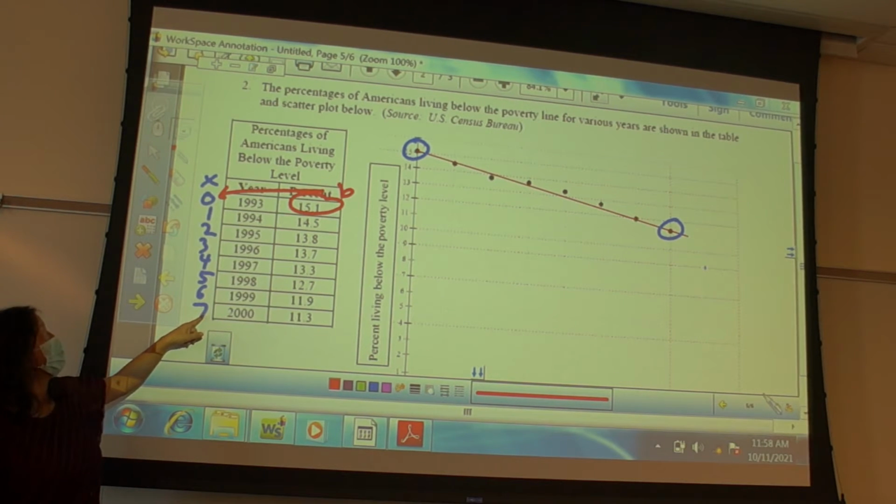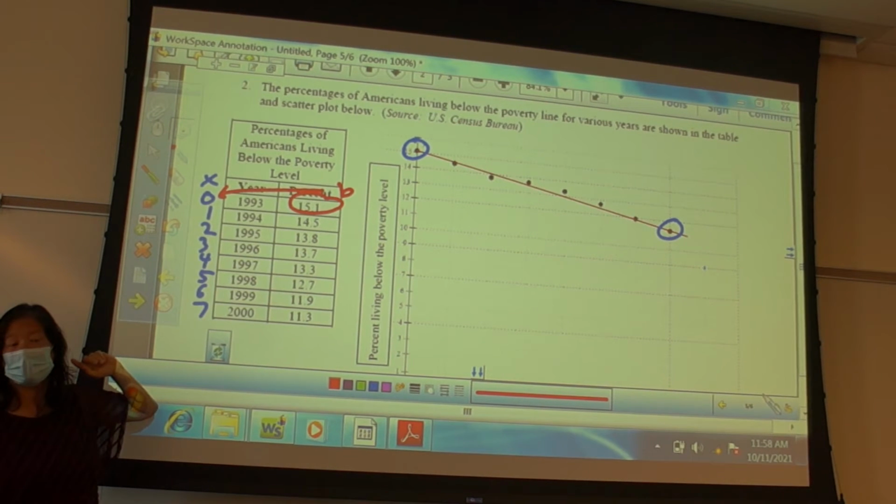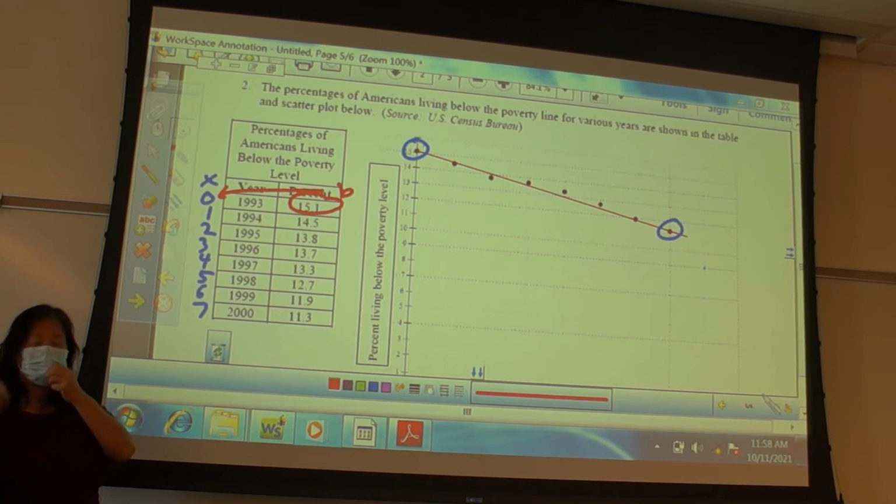So my first point is what? 0, 15.1. What's my last point? Write down the x and y for the last point.